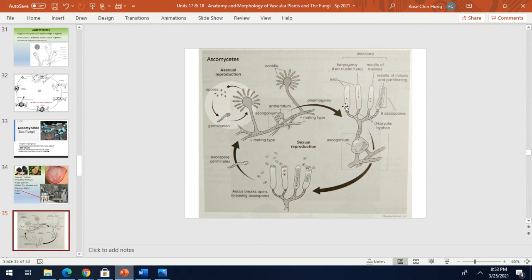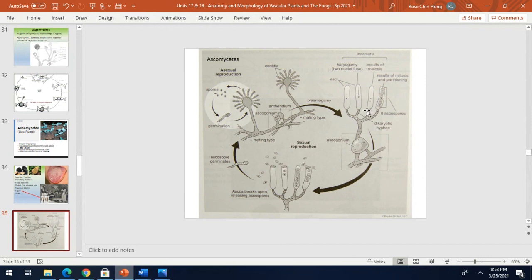So that's the cup-like feature that you'll see, an ascocarp. So after the plasmogamy process, it will go through the karyogamy process where the two nuclei fuse. And as it fuses, you will have results through meiosis.